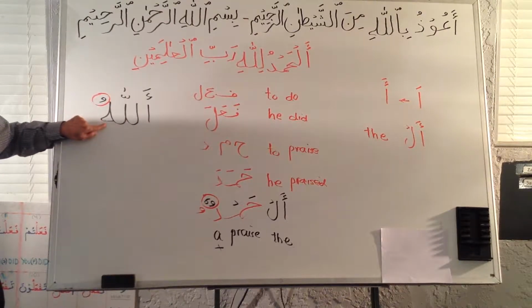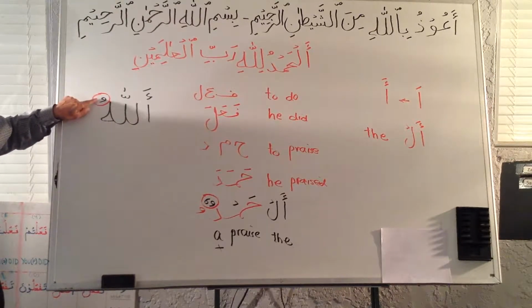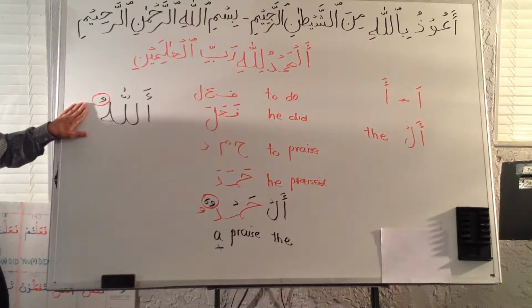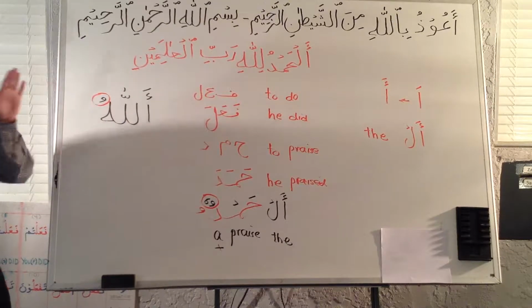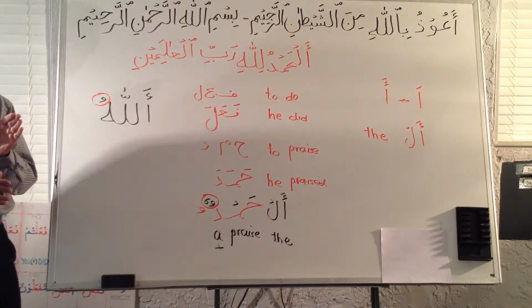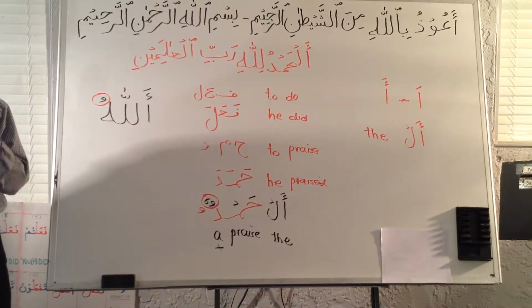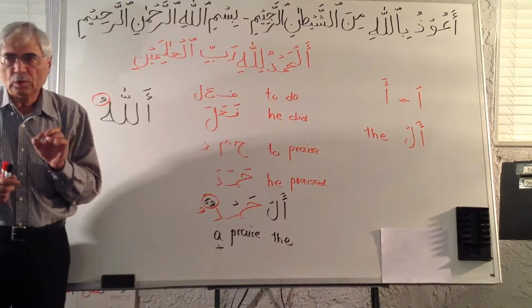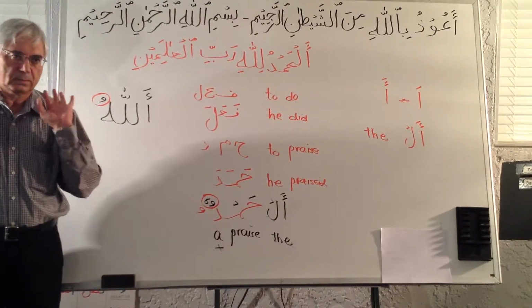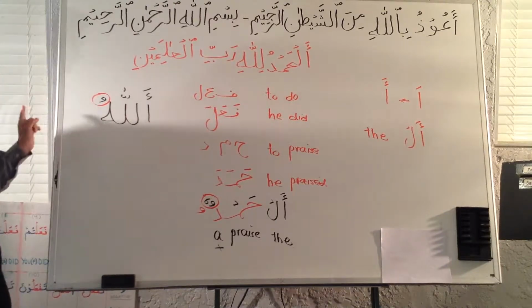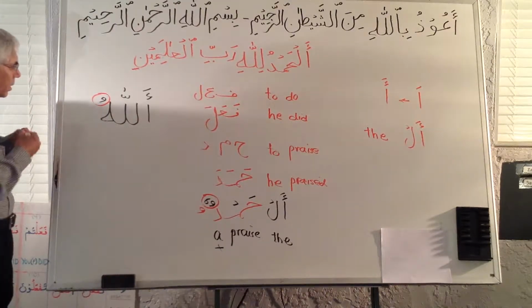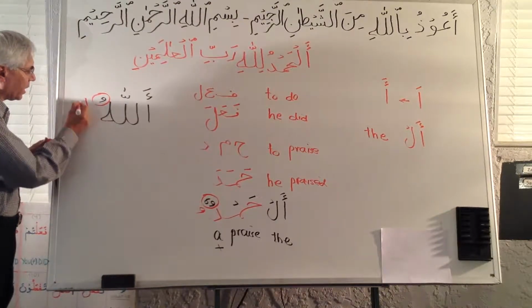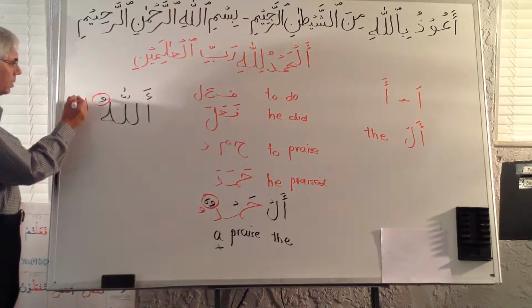The sound of ha with the dhamma is hu. But if this is the last word of the sentence, or you have to stop somewhere, then you don't need to pronounce Allahu. You can pronounce Allah. That's enough.